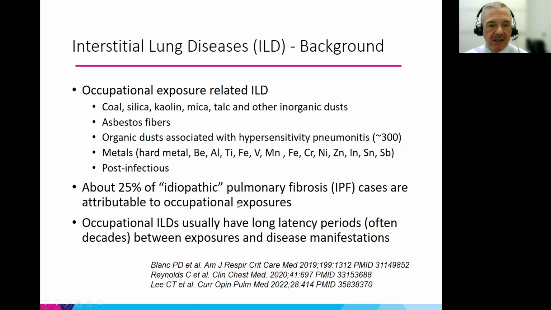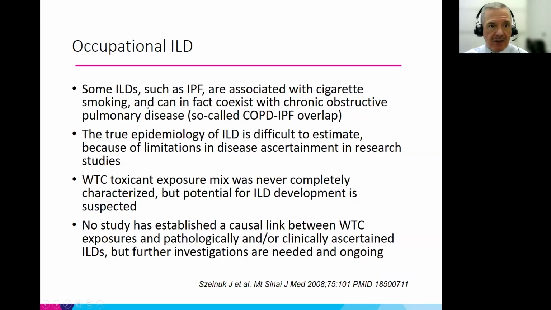So these are causal relationships or associations that are often not realized in the clinical environment, and even in some epidemiological studies. The occupational ILDs usually have a very long latency period, which is the interval between first exposure and development of clinical disease. That's characteristic of them.